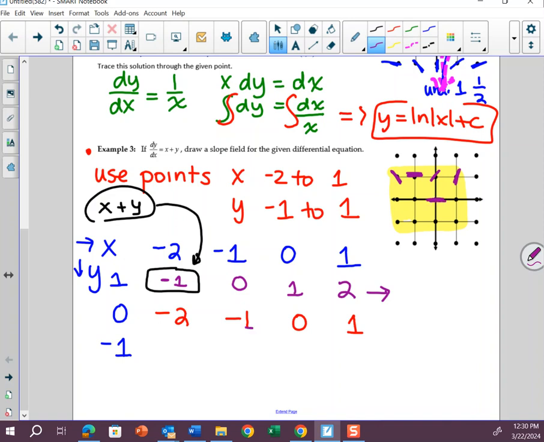I like to do the zeros first because they're easy. And then I have a +1 slope, a -1 slope, and then a -2 slope. And then this is -3, -2, -1, 0. So we definitely have a pattern of behavior.